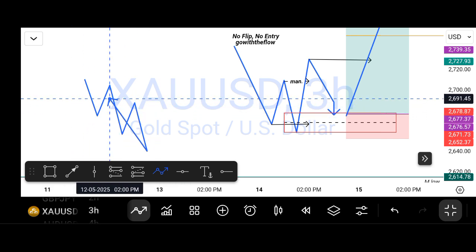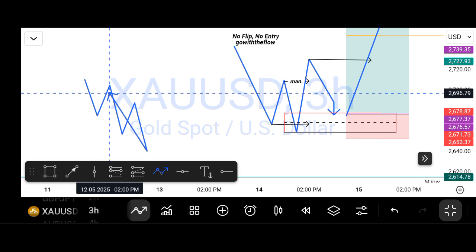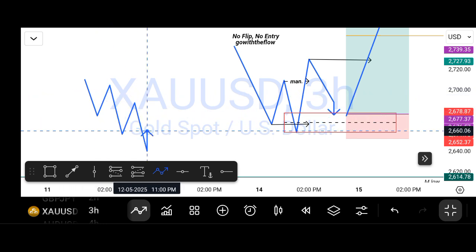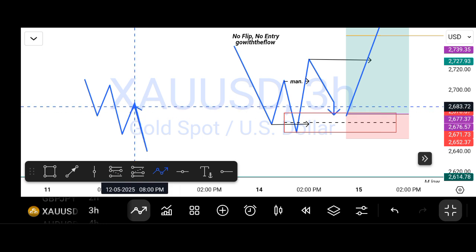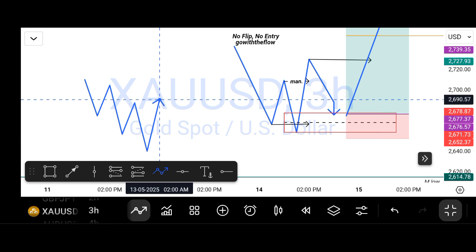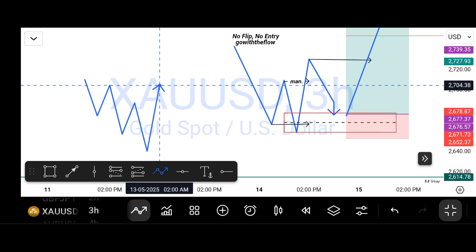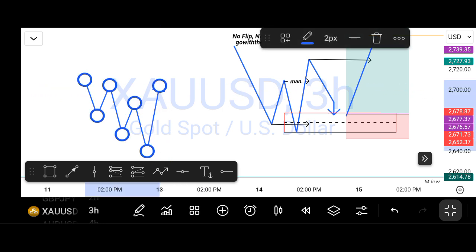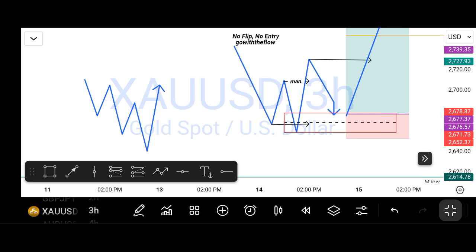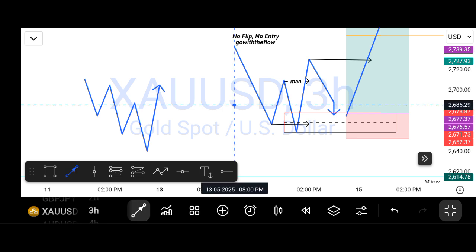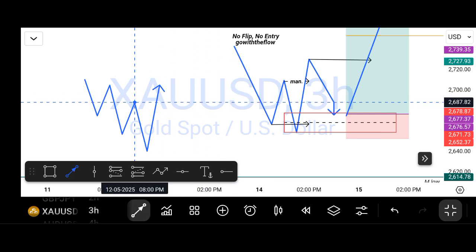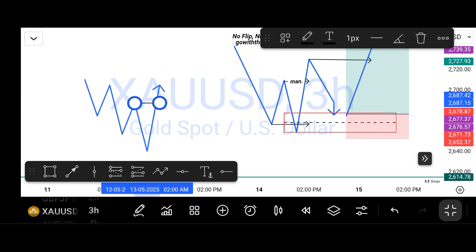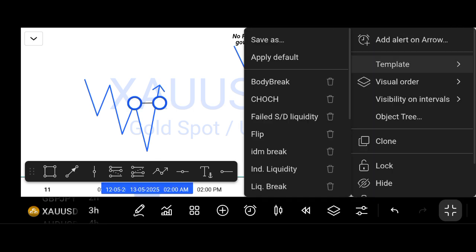Because price has been respecting the supply zones coming down, creating a bearish structure. Price is supposed to respect the supply zone, but when price breaks the supply zone up, it is now called a manipulation. That means a manipulation has occurred.